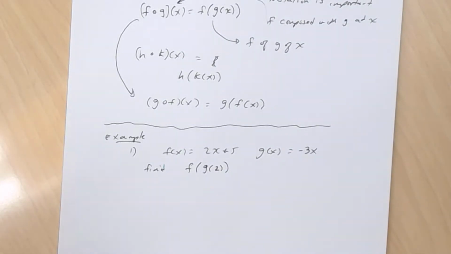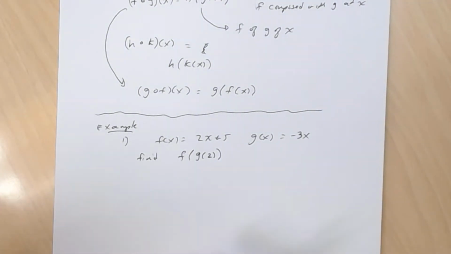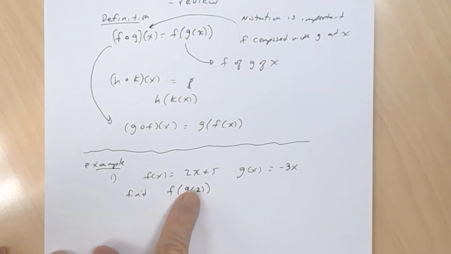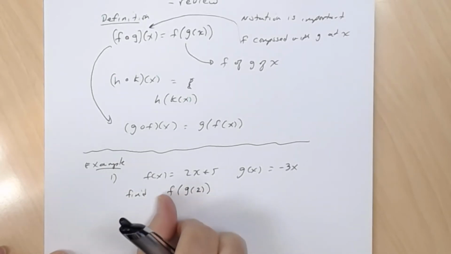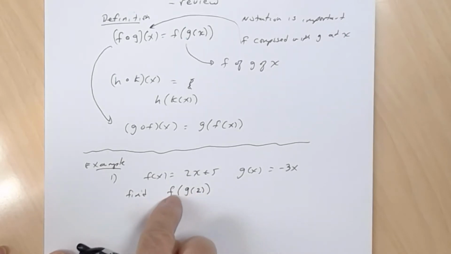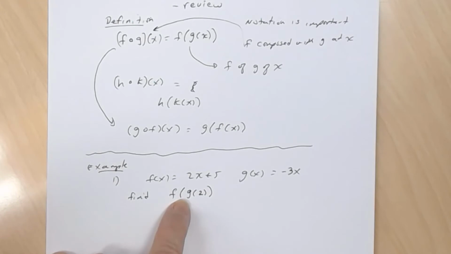Now, you see how this is a composition, because you're taking one function and putting it inside of another. You're taking g and putting it inside of f. That's what we mean by composition.